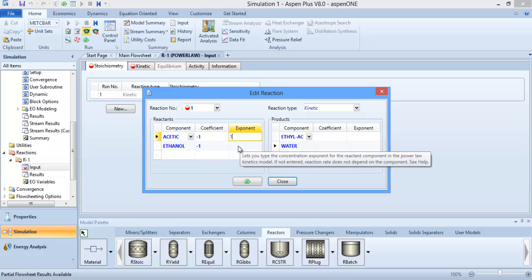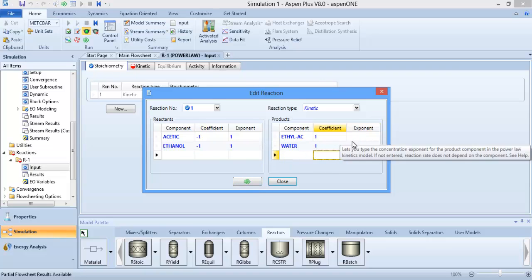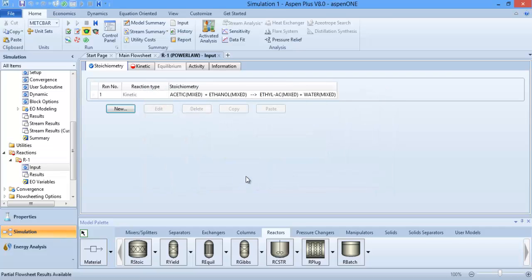The exponent will be 1, because they are both first order based on the first reaction. The order of reaction does not depend on the products. So we are good to go. Let me save.